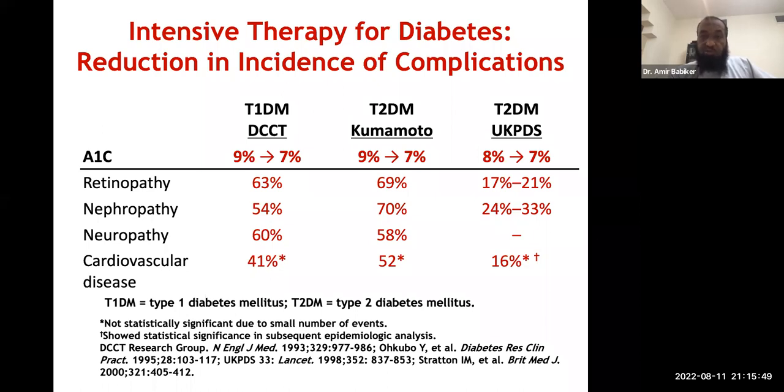This is another large one, including adults with type 2, while the DCCT is type 1. Then we have Kumamoto, a Japanese study for type 2 as well. They looked at the complications, and all of them concluded that intensification of therapy reduced the risk of complications.